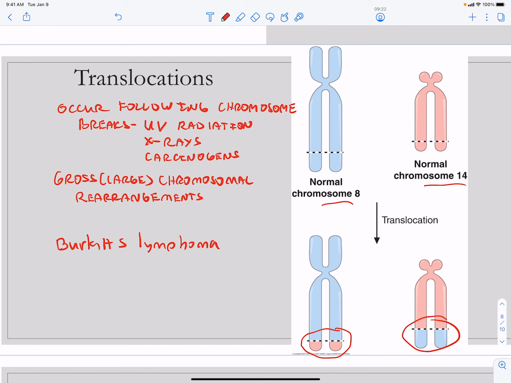Now, what's happening in Burkitt's lymphoma is that you have a proto-oncogene called c-Myc, and this is going to be translocated to the B cell antibody region.